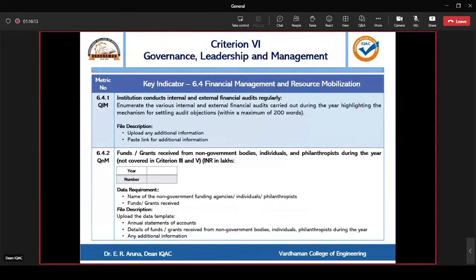The institution conducts regular internal audits by authorized and recognized auditors. All expenditure incurred by the college is maintained by the college accounts department and duly submitted to the government from time to time. After thorough review, the state government approves the expenditure made by the institute.